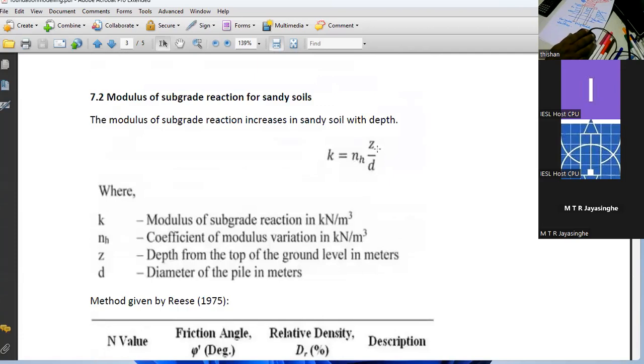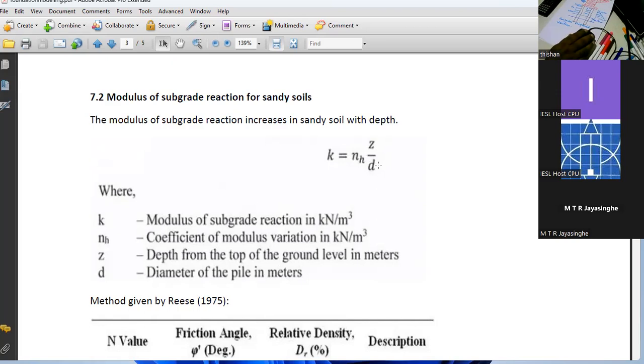If the diameter is 1 meter and depth is 10 meters, what will happen? 25,000 multiplied by 10 divided by 1, so you get 250,000 kilonewtons per meter. Then you have to multiply it by the area of the pile.